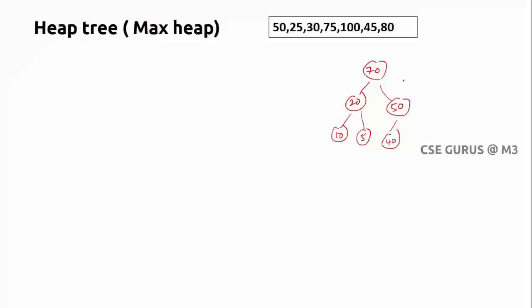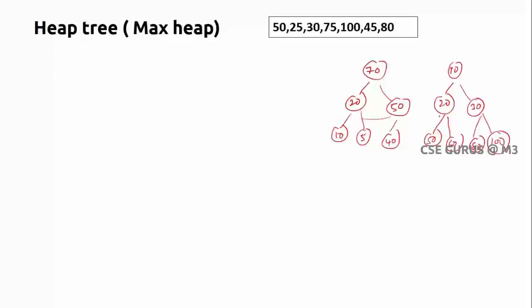So what about min heap? Min heap means completely reverse. For each node you take, the root node, all the elements in its subtree must be greater. You can take a simple example like 10 here, then 20 and 30, then 50, 60, and 80. If you find it like this, we call it a min heap.